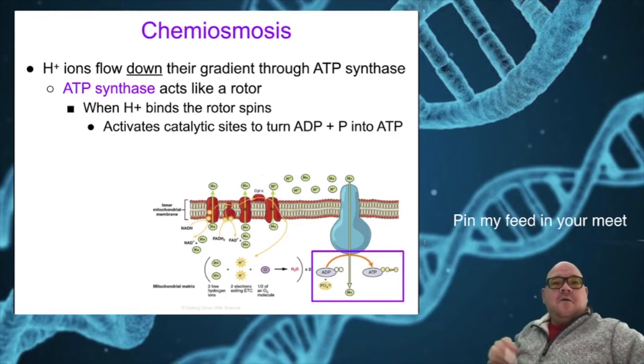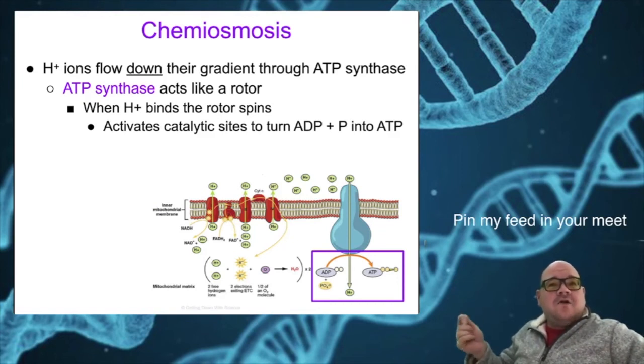So I want to show you this in a video after I end this lecture. ATP synthase acts like a rotor. Well, what's a rotor? A rotor is like a spinning shaft, almost like a water wheel, like the old-fashioned water wheels from long ago.